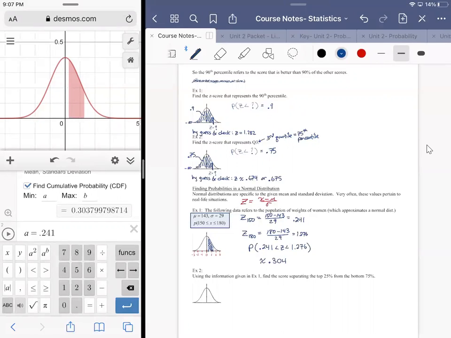Well, if you know what your mean and standard deviation are, and you would get these by data collection, I mean, we cover that in the first unit, you take all your times, whatever it is that you collect over a period of time, find the mean and standard deviation, create a z-score for the goal time.